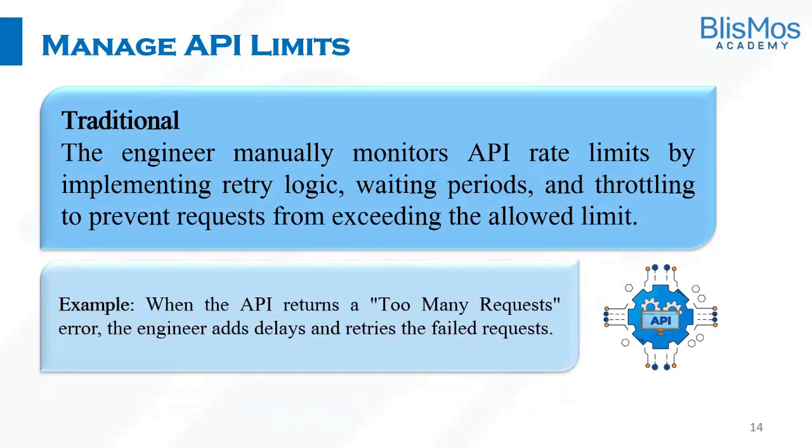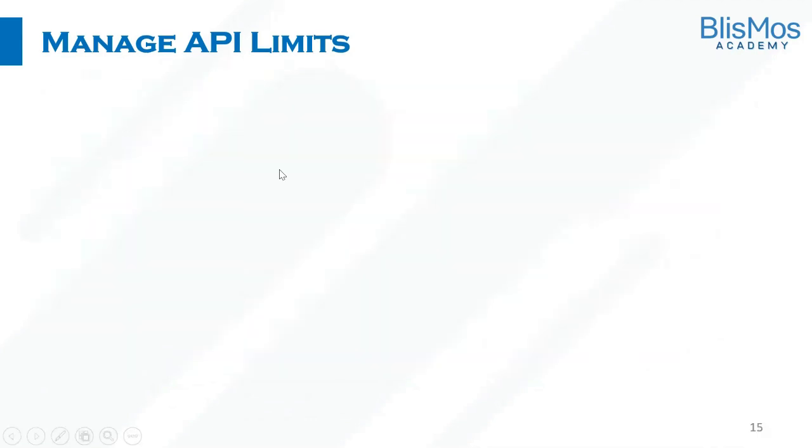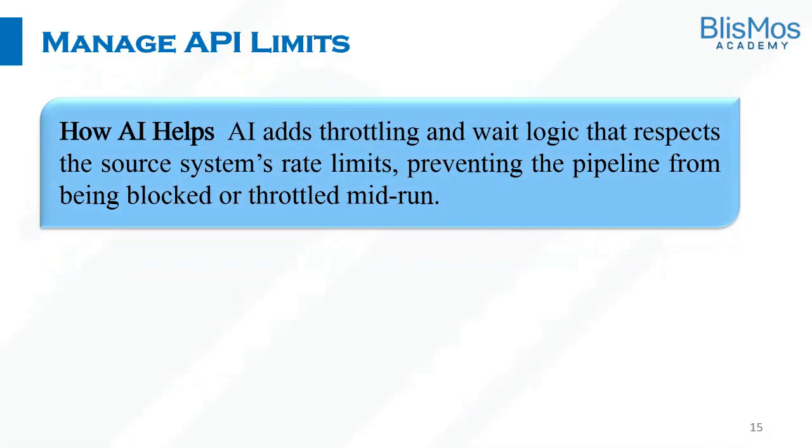If you make unlimited calls to a system through APIs, you may get an error saying too many requests. That adds to the delays of data ingestion. Because there are too many requests, the APIs have limits, and you may have to retry after a particular amount of time. So by using AI, you can generate the throttling and retry logic.